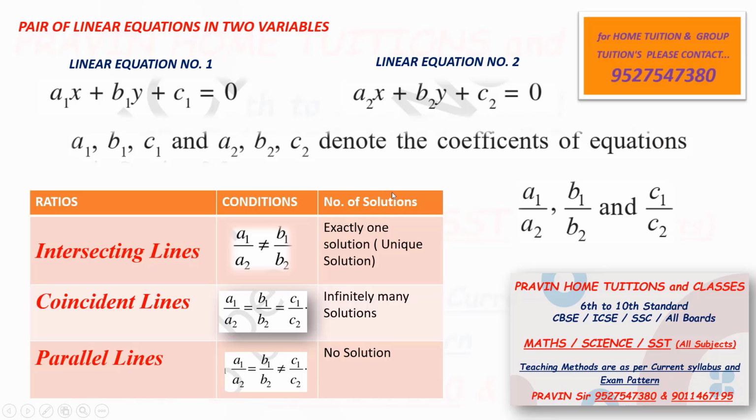If lines are intersecting, one solution. Coincident, many solutions. And parallel lines, no solution. And these are the conditions for ratios.